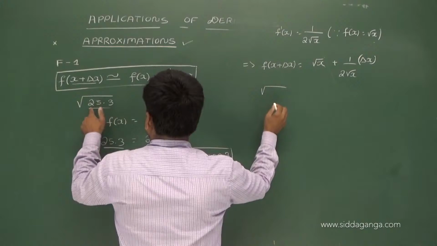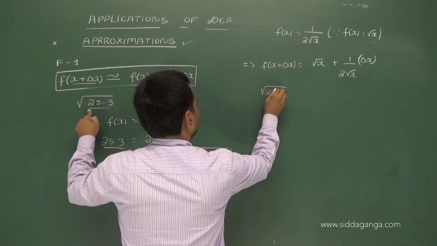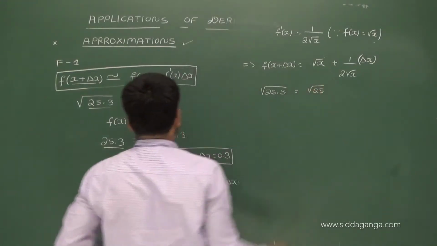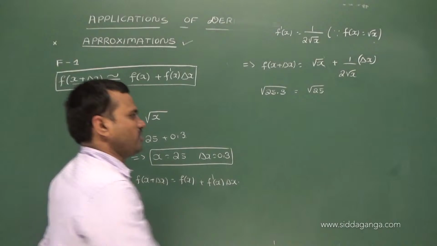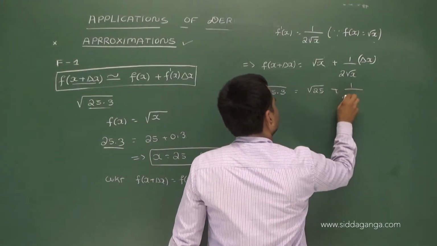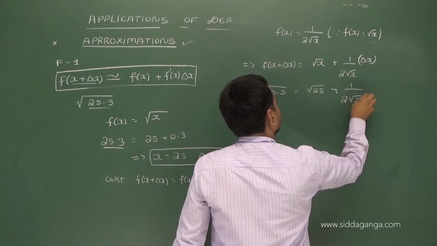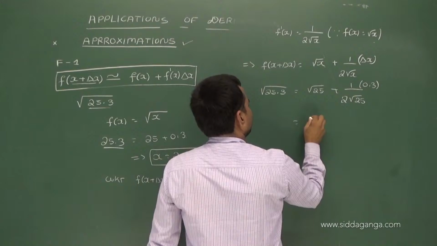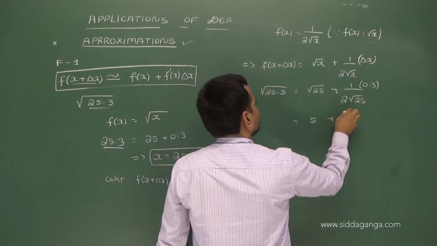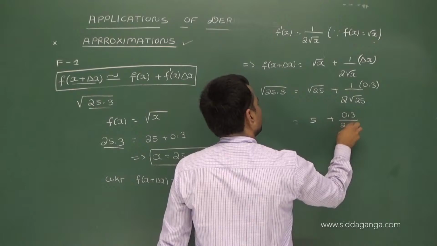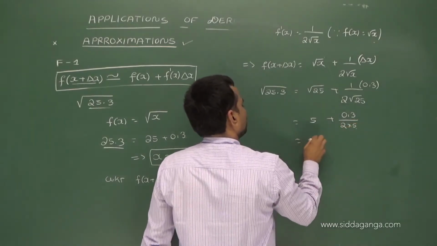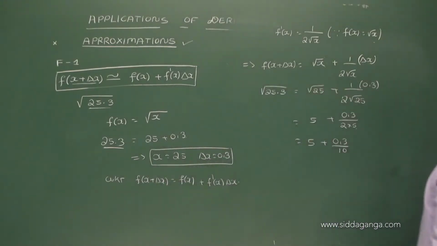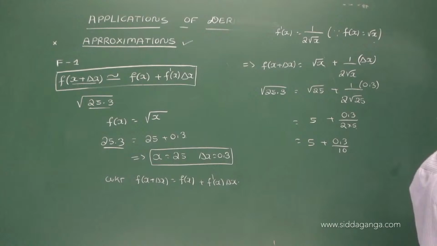Square root of 25.3 is equal to square root of 25 plus 1 divided by 2 into root 25 into delta x. Delta x is 0.3. Root 25 is 5, so 5 plus 0.3 divided by 2 into 5, that is 5 plus 0.3 divided by 10.